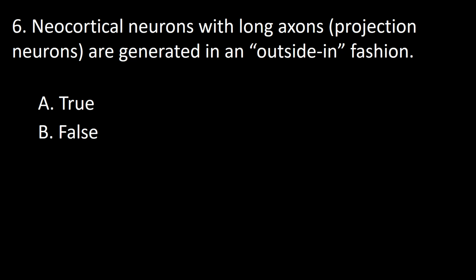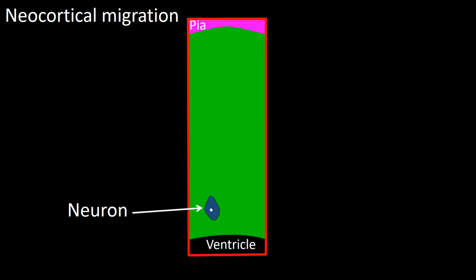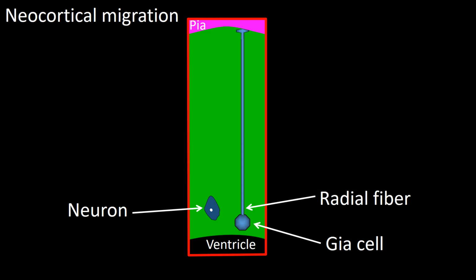Neocortical neurons with long axons, projection neurons, are generated in an outside-in fashion. A true, B false. Once a neuron is generated, it approaches the radial glia cells with a radial fiber that reaches the pia.